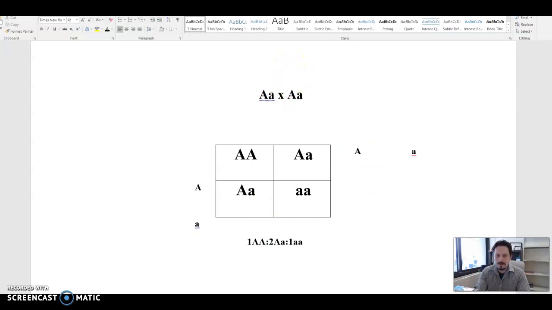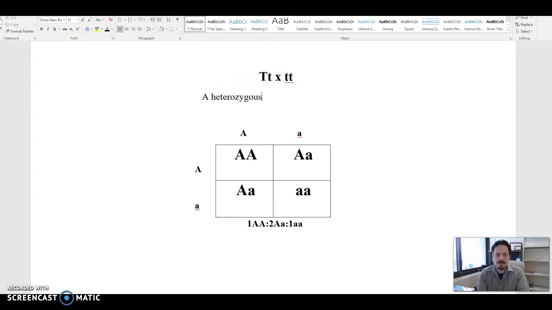We'll use tallness, so we'll use T's. Big T, small t times small t, small t. You might see something like this: a heterozygous tall individual mates with a short individual.